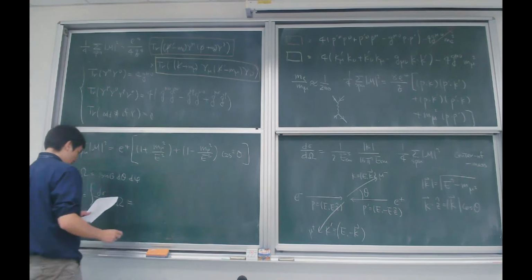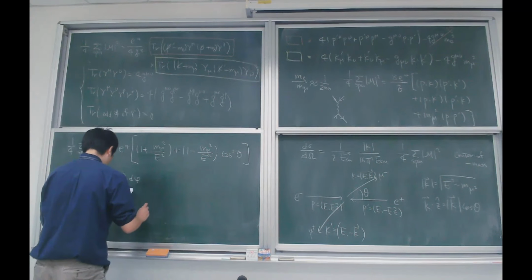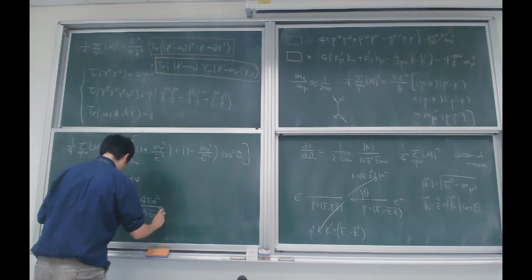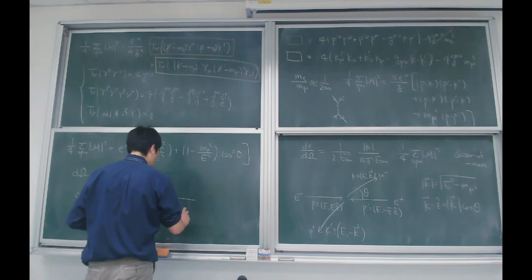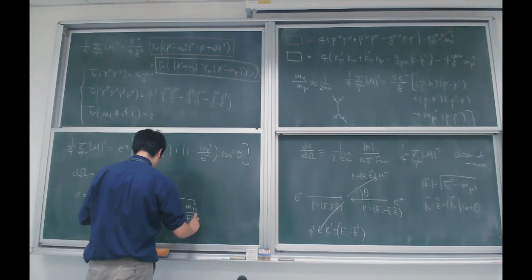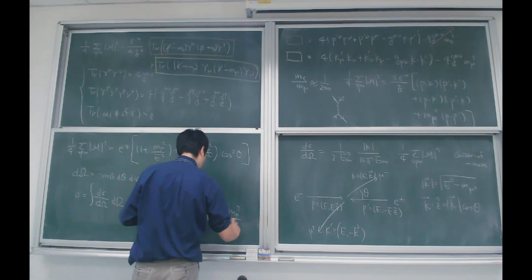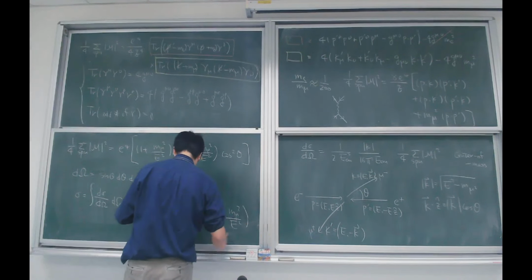And if you do that, that will give you 4 pi alpha squared over 3 E center of mass squared. This is a super easy exercise. If you're lazy enough, you can just plug it into Mathematica, but by hand it's also easy to do.